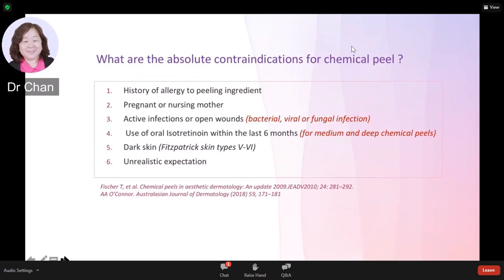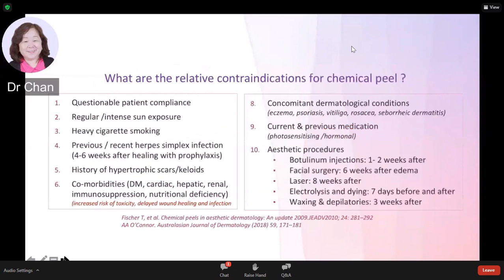Patients who have taken oral isotretinoin within the last 6 months is also contraindicated, but this is more relevant for patients who are undergoing medium or deep chemical peeling. Patients with dark skin type like Fitzpatrick skin type 5 and 6 should be treated with caution, and also patients with unrealistic expectations.